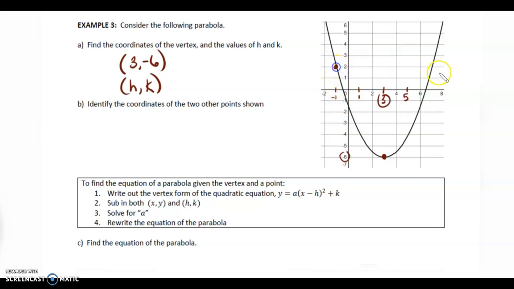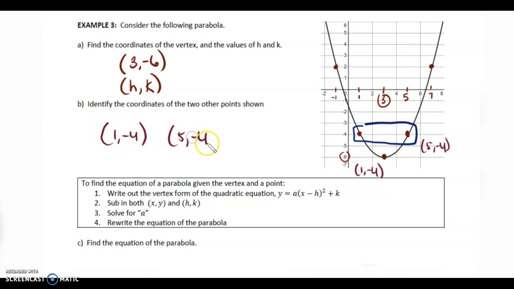So we could use these ones, or we can use these ones here, okay? But when I'm identifying these, I'm going to use the ones that are across from each other. So let's use these ones, okay? So this one I'm going to call (1, -4). And this one I'm going to call (5, -4). Okay? Oh, I can just write them here. (1, -4), (5, -4).